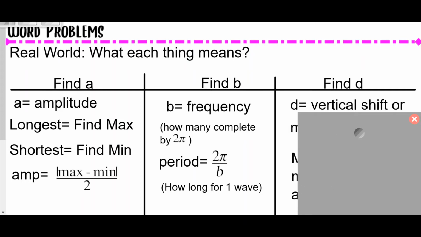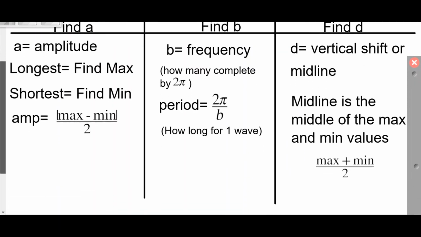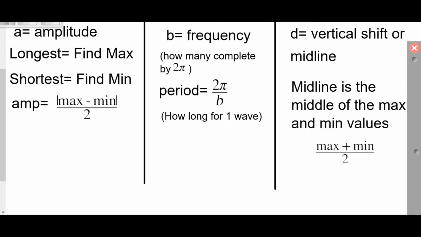The last thing they might have you look at is a vertical shift or a midline. The midline is the middle of the max and min values. If they give you the max and min values, you can find the midline. It's just max plus min over 2. It's the average of the max and min values, which makes sense.